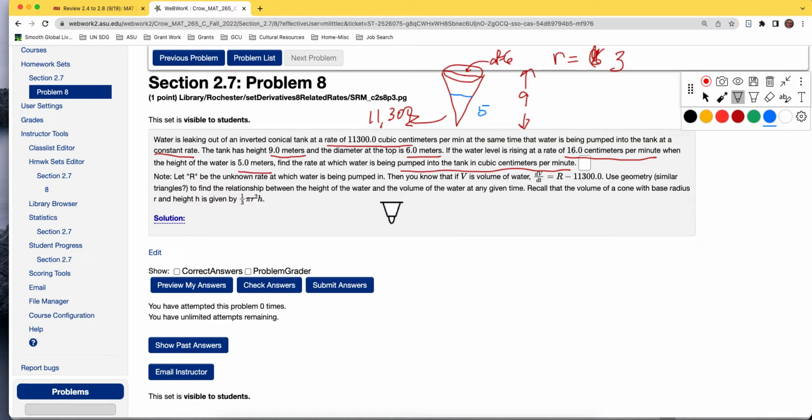And so what we can know is that there is the volume of water in this tank. We know it's losing 11,300 cubic centimeters, right? We're going to be subtracting off 11,300 from the volume.